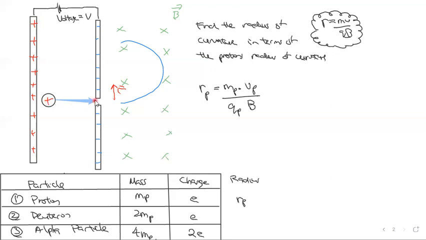Because we've done calculations on this before, we need to think of the voltage as supplying work to this particle. And this work will then give you the kinetic energy. So work, which is equal to qV, will give you KE, which is half mv squared. Now, the charges are not necessarily the same, depending on which particle you're talking about.